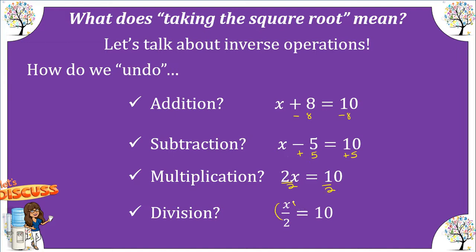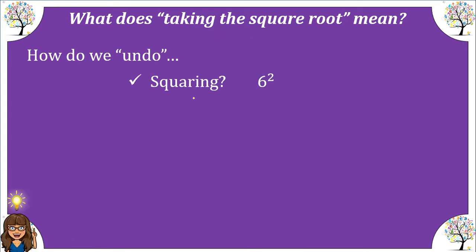And with division, we would use multiplication. So now we have learned a new operation, which is squaring. If we square 6, 6 squared, we get 6 times 6, which is 36. And remember, we have learned that when we take the square root, it undoes something that's being squared and we get back the root.